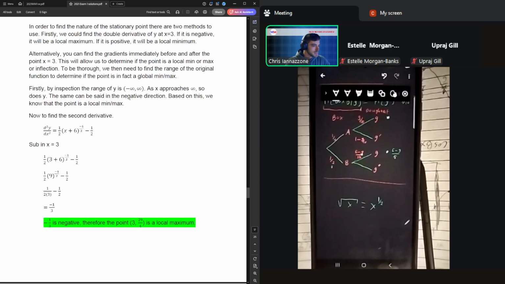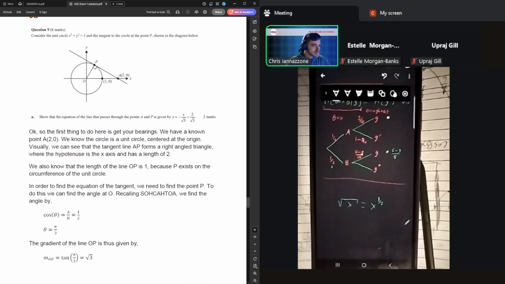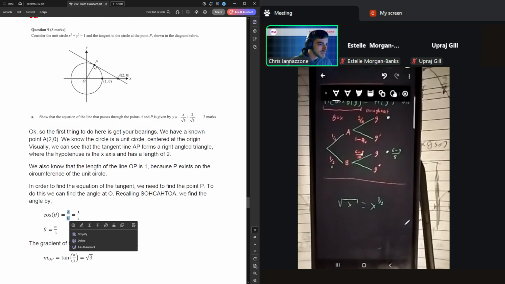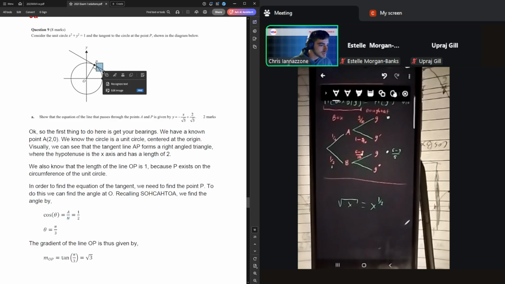Cool. Okay. So, what did I do? One of the things I thought would be important is to start working towards getting the point P. Not the only way of doing it, but one of the things I've done is to start thinking about the SOHCAHTOA stuff. We have this triangle here, and we can create the cosine ratio: adjacent over hypotenuse.